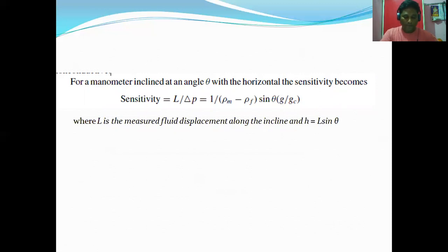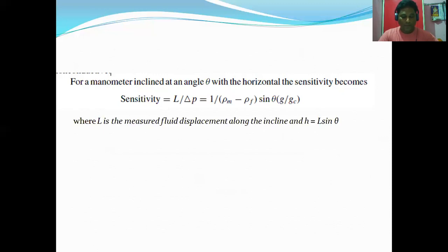Here L is the measured fluid displacement along the incline, and h is equal to L sin theta.